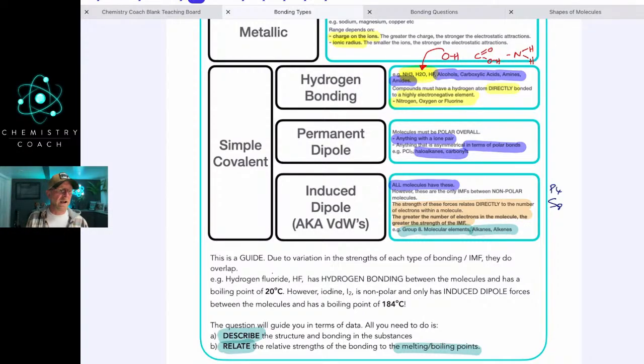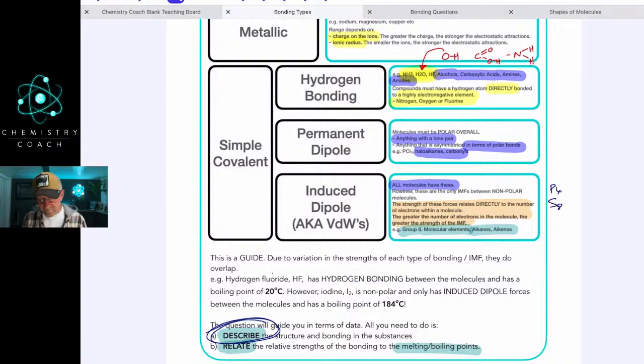You make a statement as to what type of bonding, and if they have intermolecular forces, just state what they are. You've got most of the marks. The last statement is, well, these are stronger than these ones, so it takes more energy to break them, and hence it's got a higher melting and boiling point. So that's it. The big thing that students always miss is this bit at the beginning, and you're not getting your marks for just describing the structure and bonding in those substances.